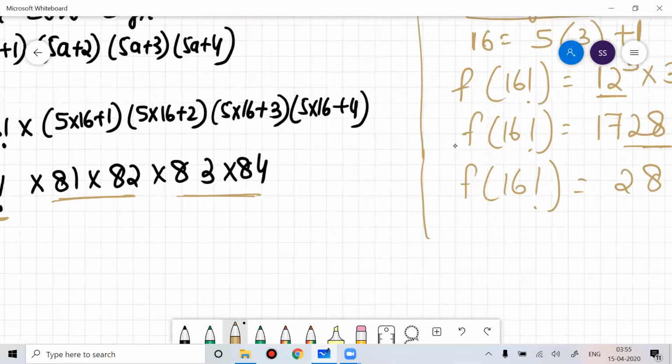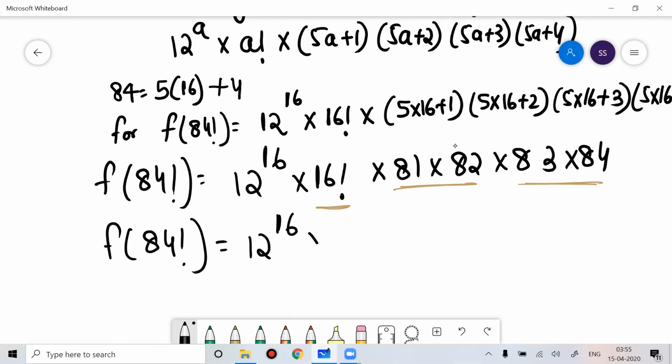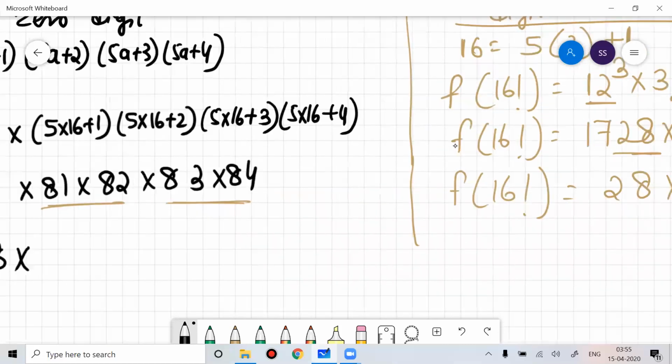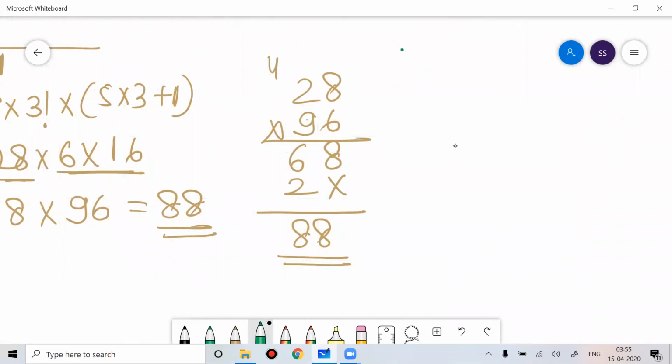Put that value here. So for 84 factorial, you write 12 to the power 16 into 88 into 81 into 82. I can do 81 into 82 separately.